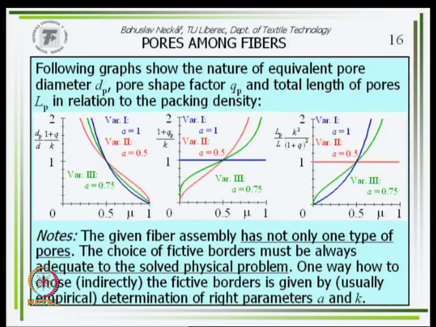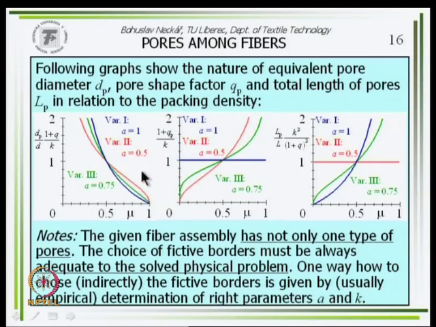Q is the fiber shape factor. K is a suitable constant for this or that situation, with our material is constant too. D is the equivalent fiber diameter, parameter value 2. So all this quantity is proportional to dp, to pore diameter, isn't it? Yes. You can see how it is.